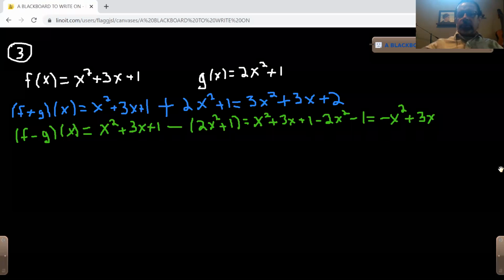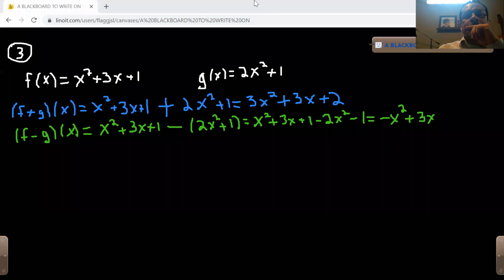Okay, so we're back now, and let's do the rest of the operations we've got here. Now if we wanted to do the product of f and g, the product is literally going to be the multiplication of both functions.